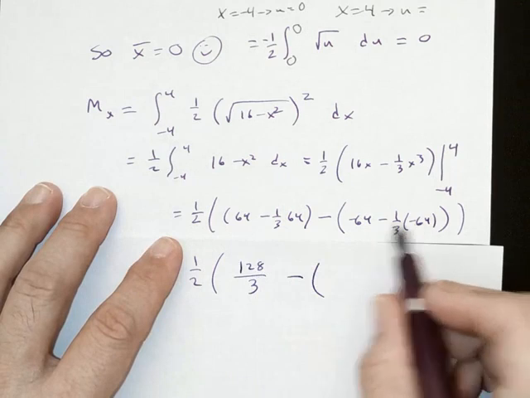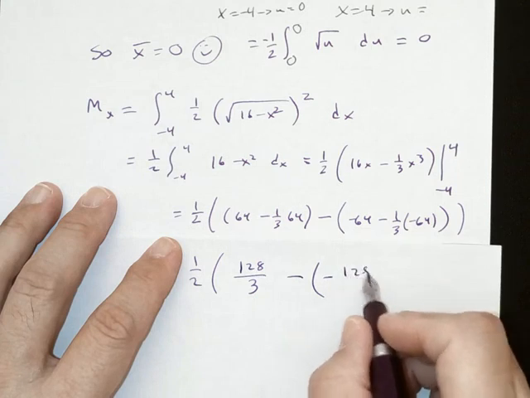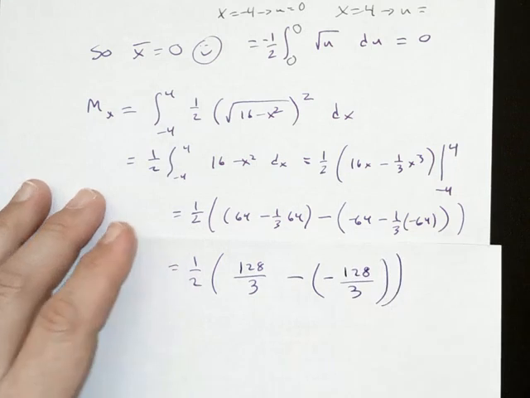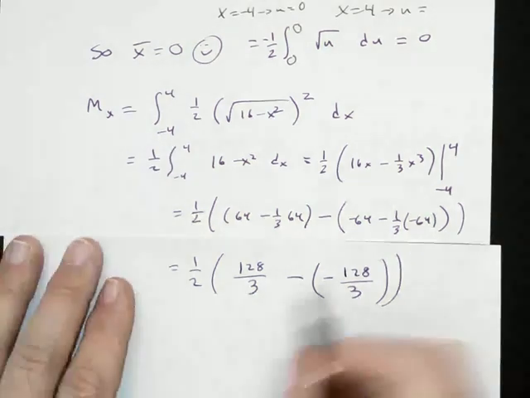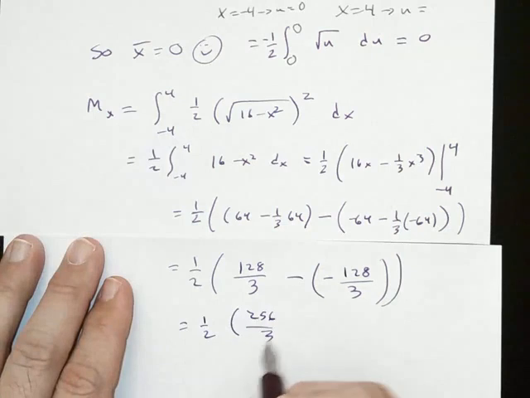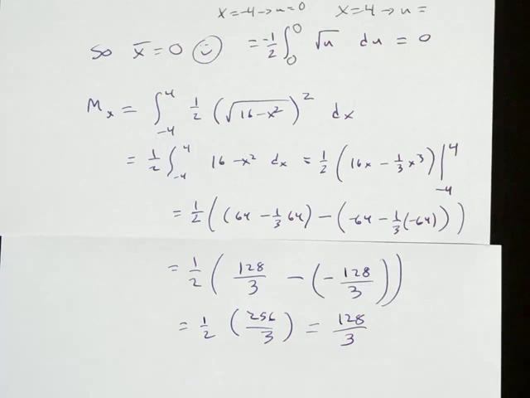Minus. This negative and negative becomes positive. So that's negative 2/3 of 64. So that's negative 128, but it becomes positive when I subtract here. So that's 1/2 of 256 over 3, which is 128 over 3. That's the moment.